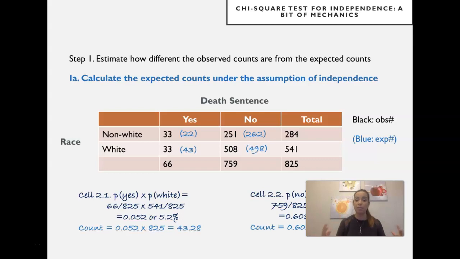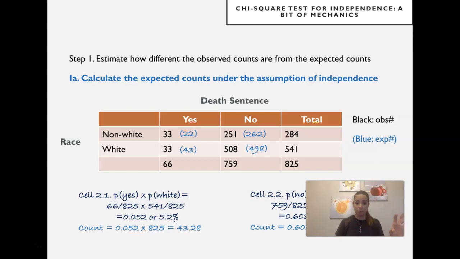The problem that we have is that we had a data set of 825 court cases, and we tabulated these cases in this contingency table based on whether or not a person got the death sentence and also whether or not they were white.